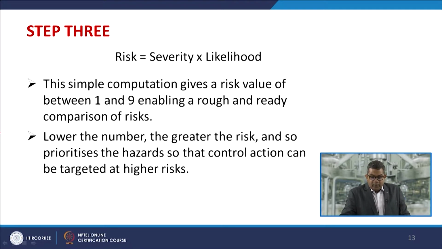So, the lower the number, the greater the risk, and it also prioritizes the hazard, so that the control action can be targeted at the higher risk. It is just like having concentrated H2SO4, which might spill or may not. So, what is the severity? Then you need to analyze, and if this is within your range, then you need to adopt a control action.